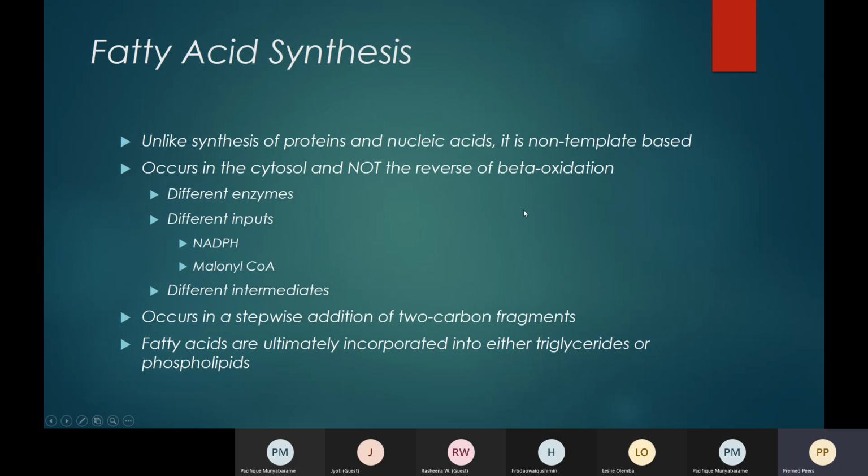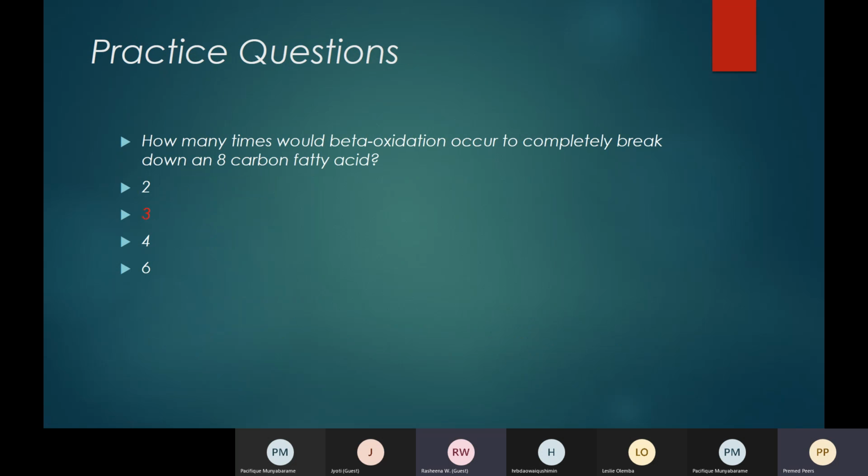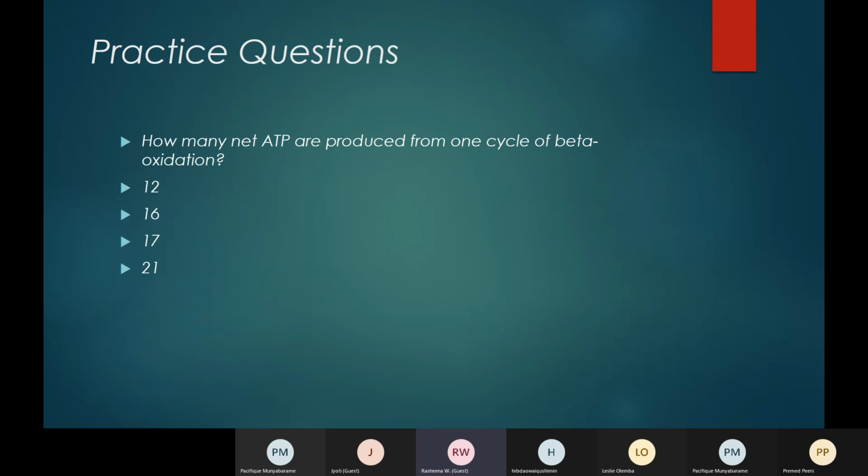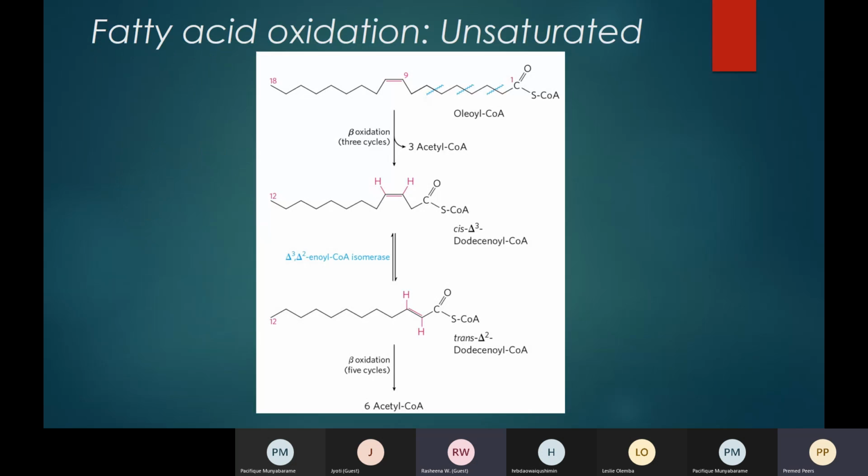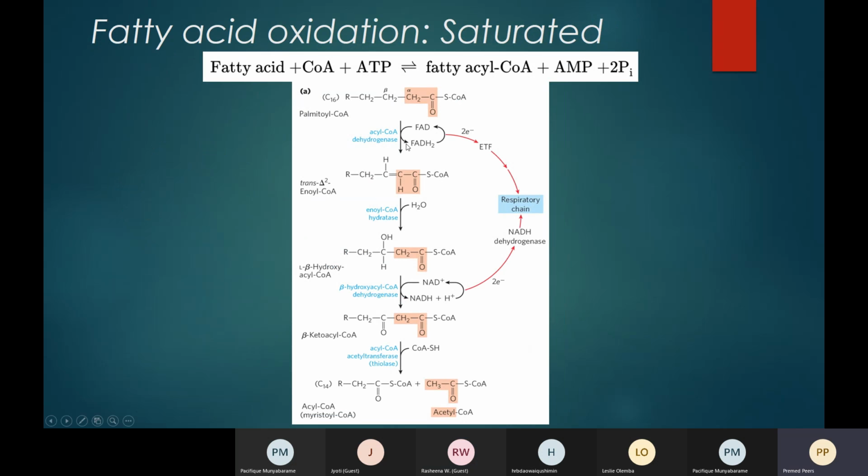All right, I think that's okay. I have a question. Can you just go back really quick? Yep. So beta oxidation is to make energy, and the way we do that is we bust up fatty acids into acetyl-CoA, and we get some free FADH and NADH as well.